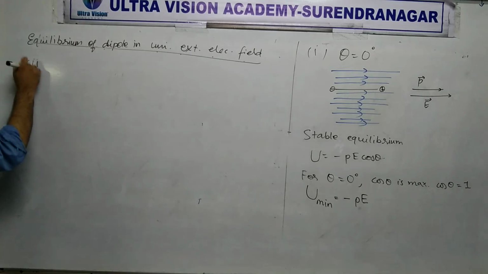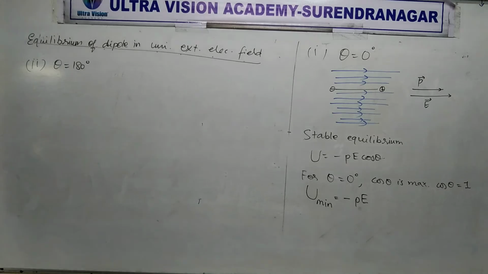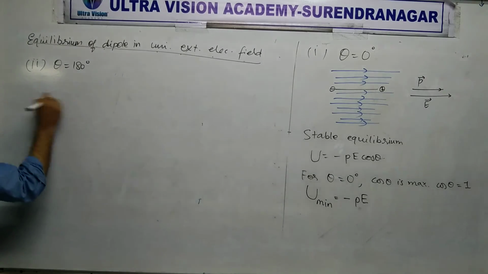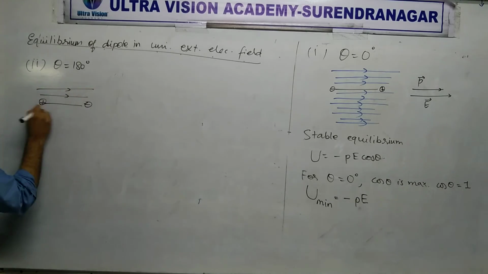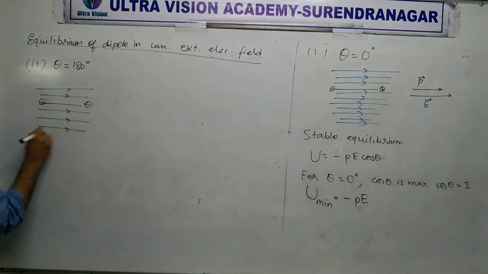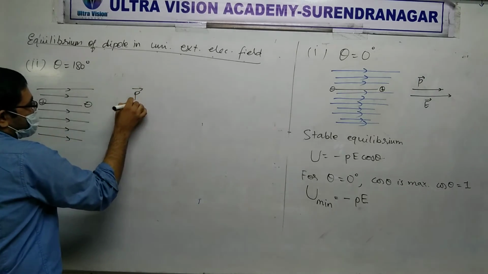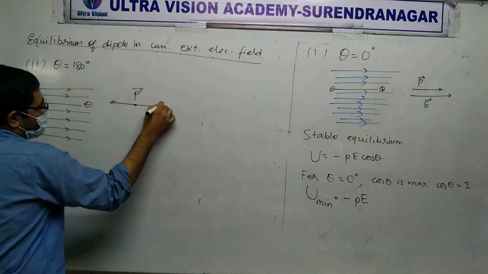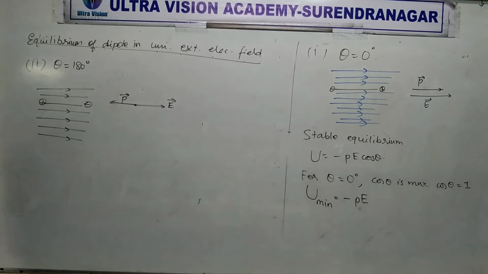Second, theta equal to 180. Okay, let's draw a diagram. So this time, dipole moment and electric field will be in opposite directions, like this.